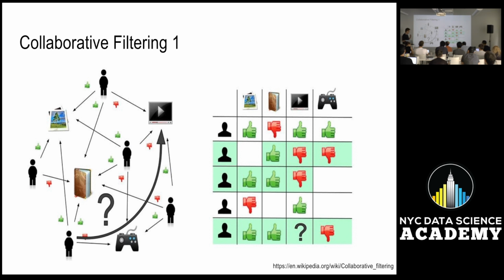So what is collaborative filtering? Imagine you have a group of users. Each of them has some rating on these items. If you put the users and items into a matrix like that, you have a rating matrix. You see a question mark here.